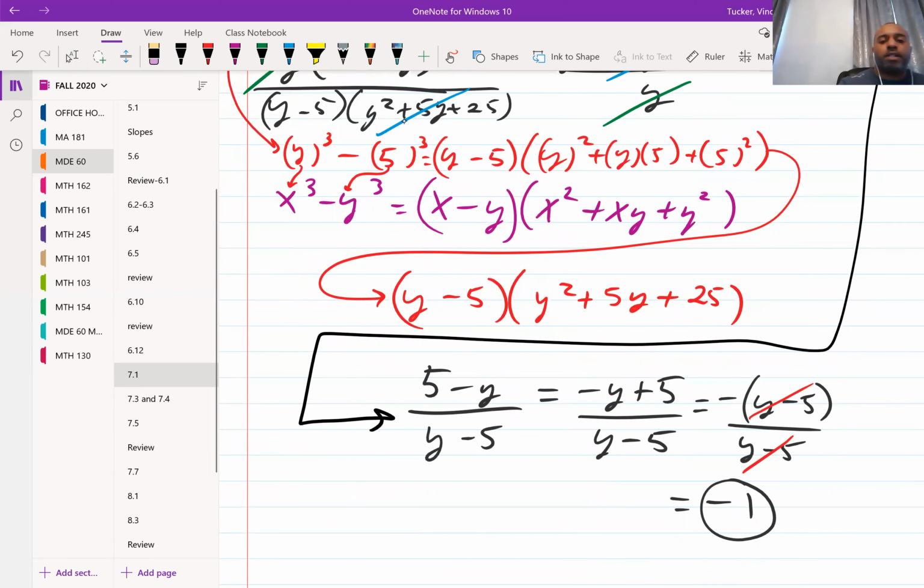So we recognize that we have similar expressions here, but not exactly the same thing. That's 5 minus y and y over y minus 5. If I were to rearrange my terms, you have a negative y plus 5 and y minus 5.